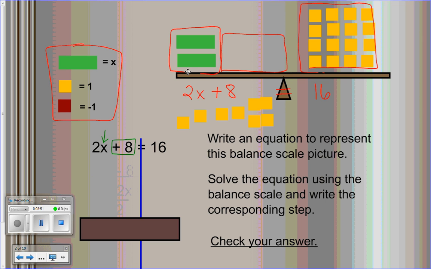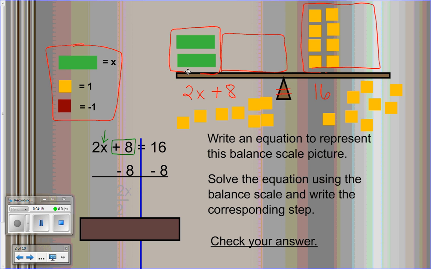So to keep it balanced, I'm going to do the same thing to the other side. 2, 4, whoops, and 8. So I took 8 off. When I take 8 off of the scale, that is the same as subtraction. So I have subtracted 8 from both sides.